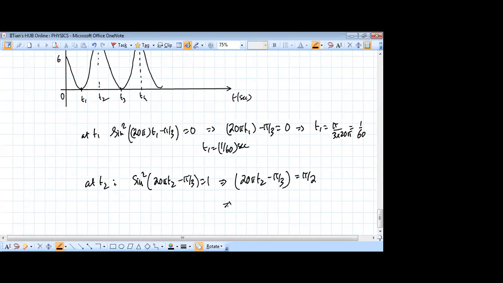So you get your T2 as pi by 2 plus pi by 3, so that's 5 pi by 6 divided by 20 pi, which is 1/24th of a second. So T2 will come out to be 1/24th of a second.